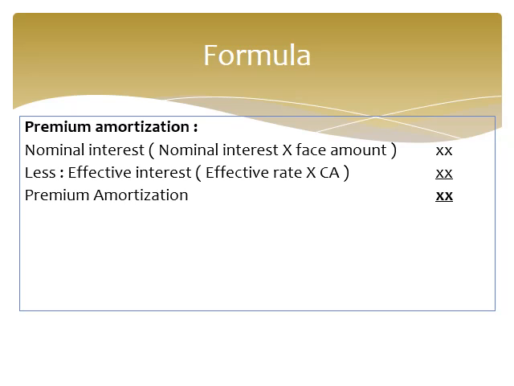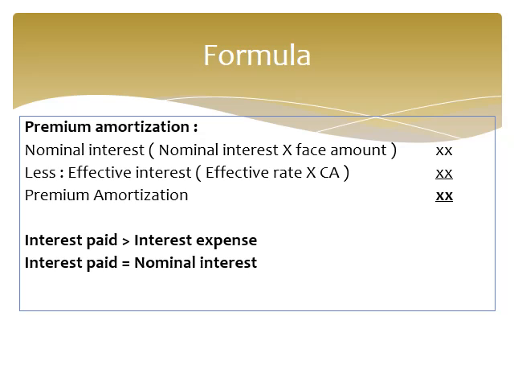Less the effective interest, equal to the amount of the interest expense that should be recorded during the period. Effective interest is computed by multiplying the effective interest rate to the carrying amount or present value of the bonds payable. Note that interest paid is greater than the interest expense under premium amortization.